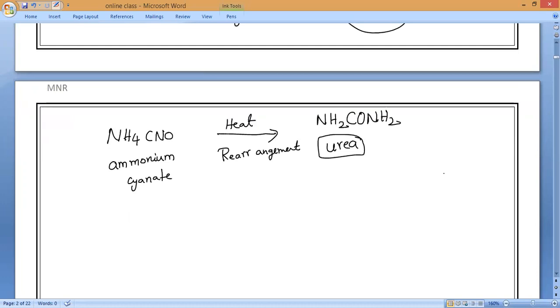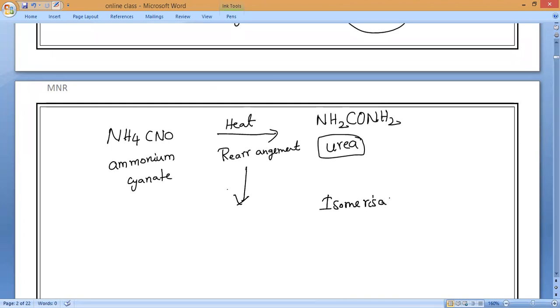That is why millions of compounds are produced day by day in the laboratory. Till now, the known compounds formed by carbon are 5 million. Remember that no other element can show this. And this reaction is called isomerization.